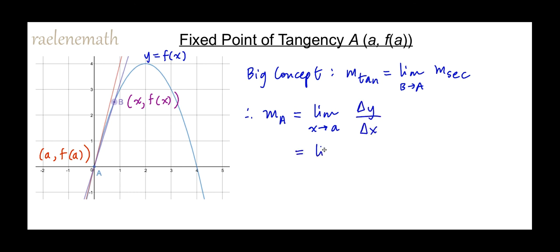And we can calculate the rise and the run because we have the x and the y coordinates of two distinct points, because point B is not yet at or on point A. And so we have y2, f of x, minus y1, f of a, all over x2 minus x of a.